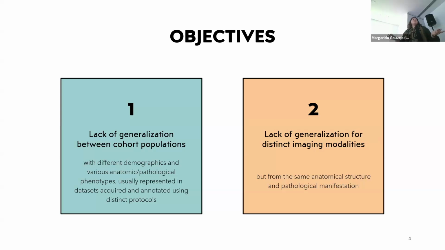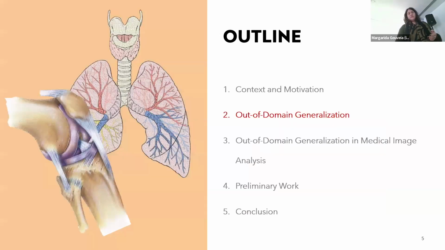But when we work with models, normally they are only suited to deal with one type of medical image, and even, for example, inside the MRI scan, only suited to deal with one sequence of the MRI scans. So this is the second problem.